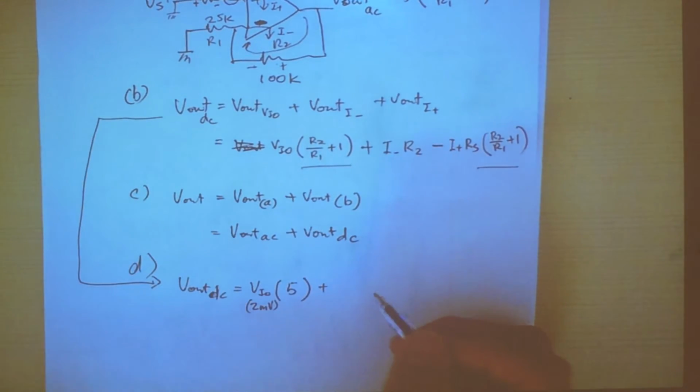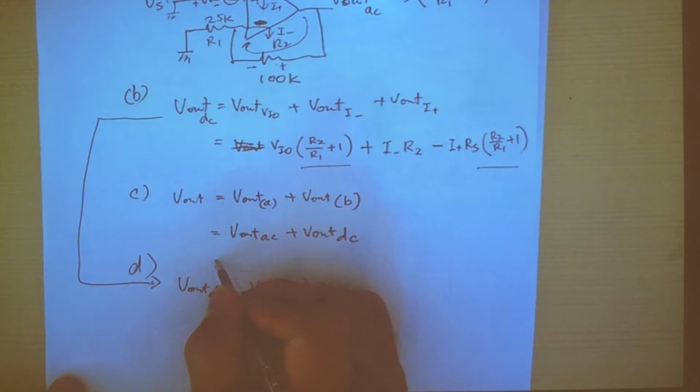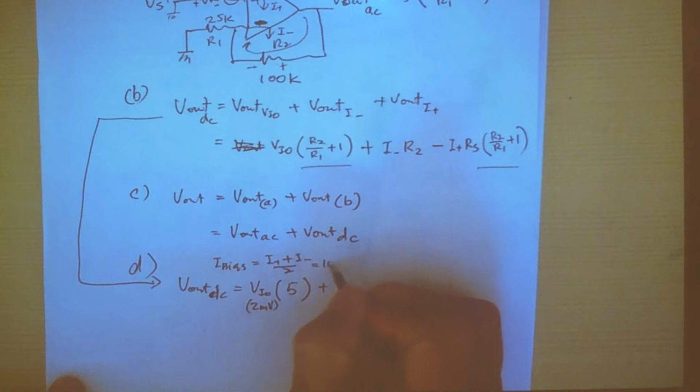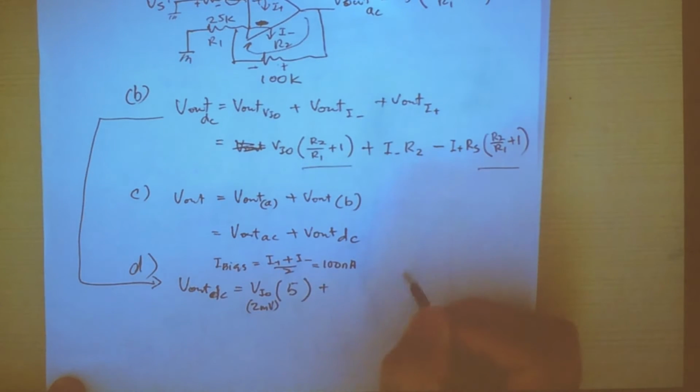Now this is where you need to find out what I minus and I plus are. We are given that I bias, equal to I plus plus I minus divided by 2, is 100 nano. And we are also told that I offset, equal to I plus minus I minus, is minus 40 nano.